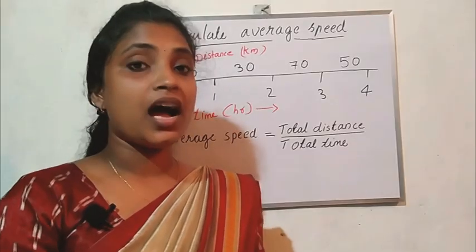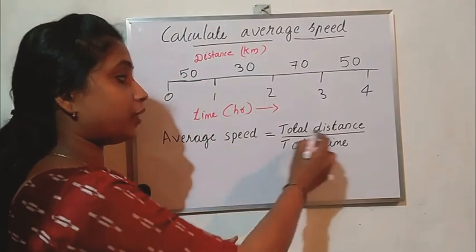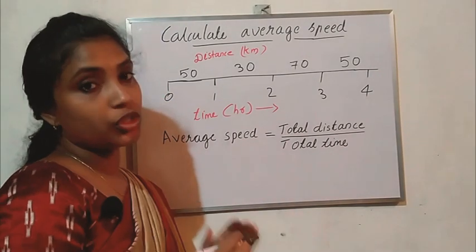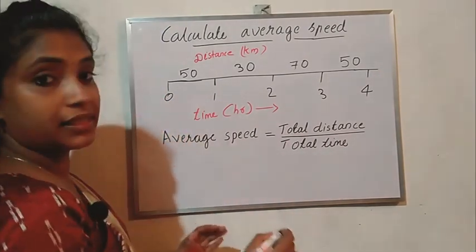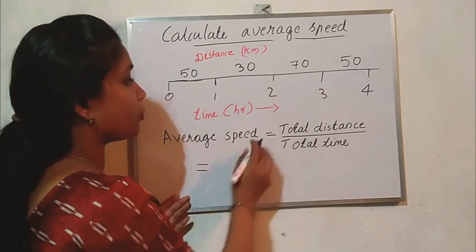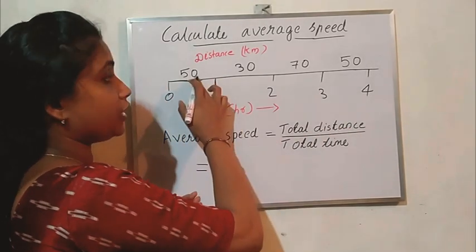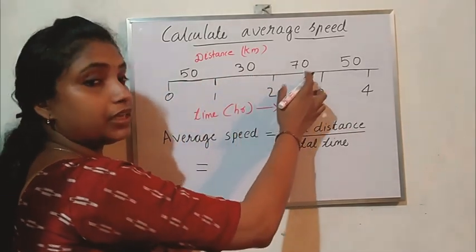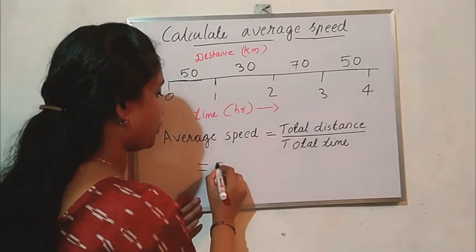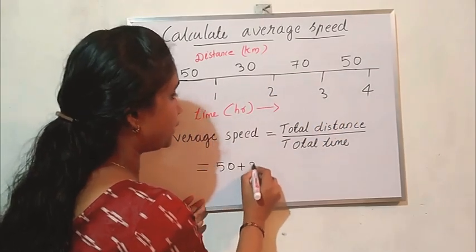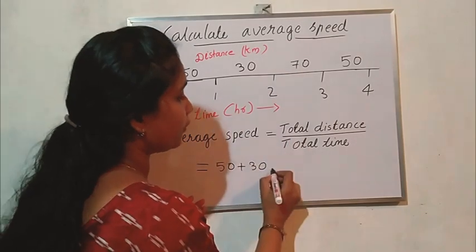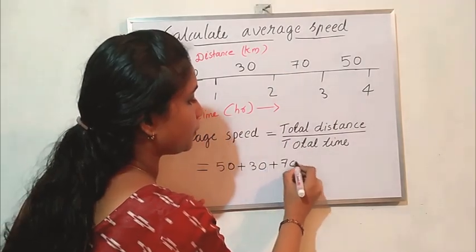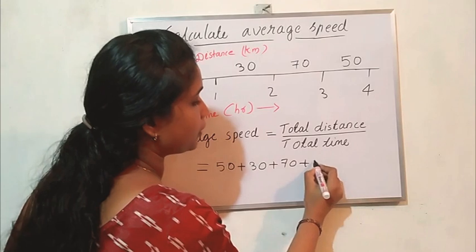We know that average speed is total distance divided by total time. So what is total distance here? Total distance is 50 plus 30 plus 70 plus 50.